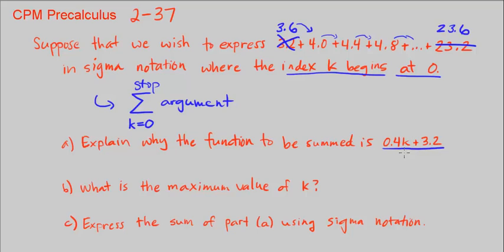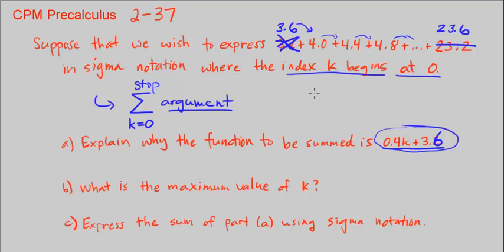Actually, that should be 0.4k plus 3.6, because we corrected this, so this has to change too.